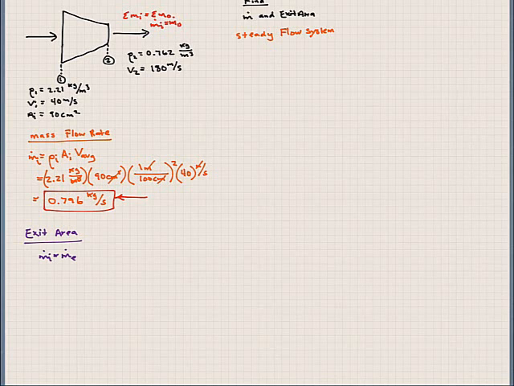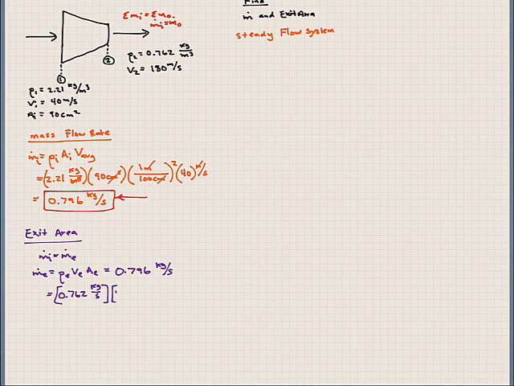So mass flow rate at the exit is going to be equal to rho at the exit times V at the exit times A at the exit. And this is all equal to the value that we just calculated, 0.796 kg per second. The exit density is given, so this is 0.762 kilograms per cubic meter.